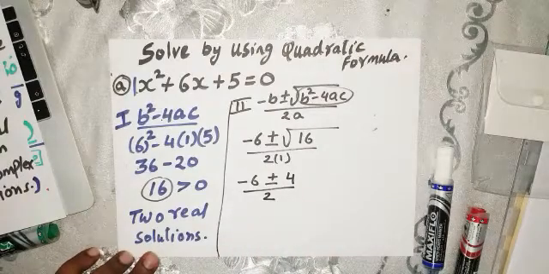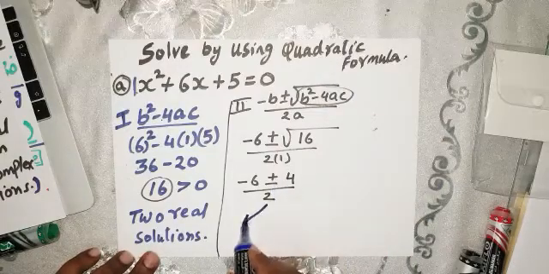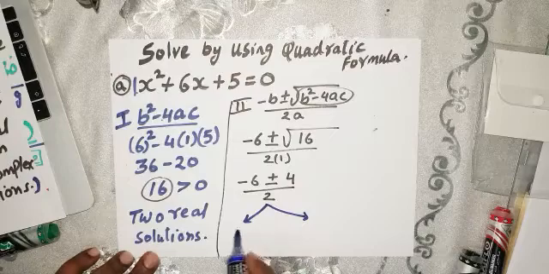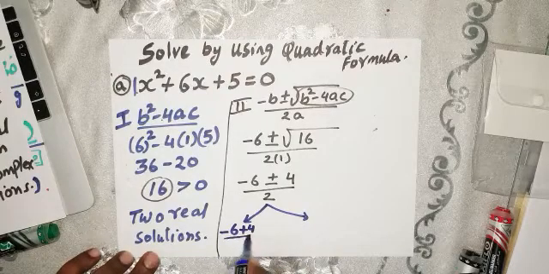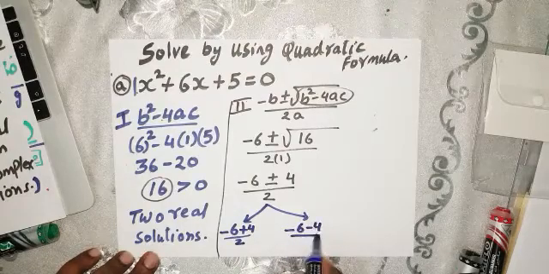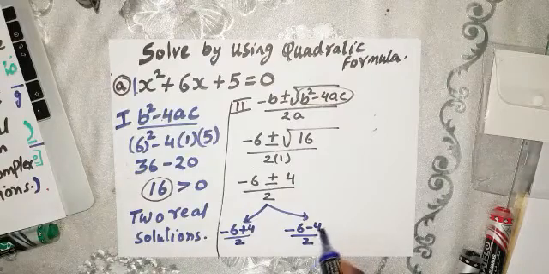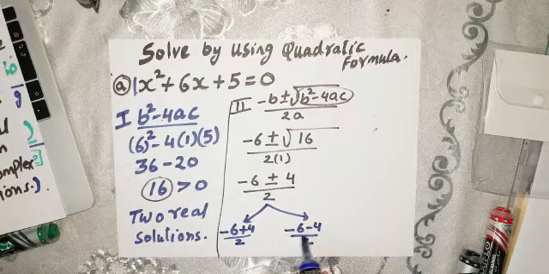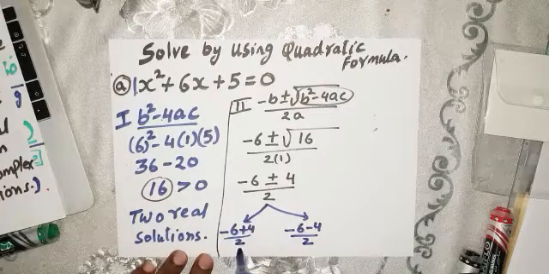Now here we have to split the solution because we have two signs, plus and minus. So you are going to split it into two separate parts: minus 6 plus 4 over 2, and minus 6 minus 4 over 2. Sometimes some of the students divide first and then add. Now first you have to solve the whole numerator and then divide it.